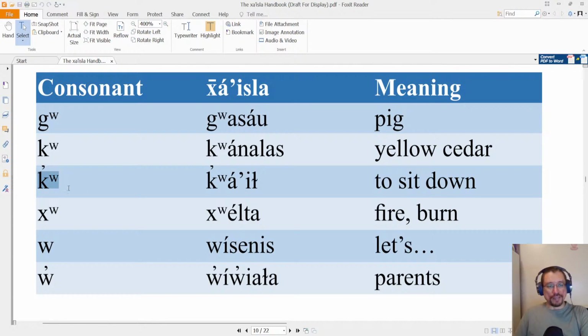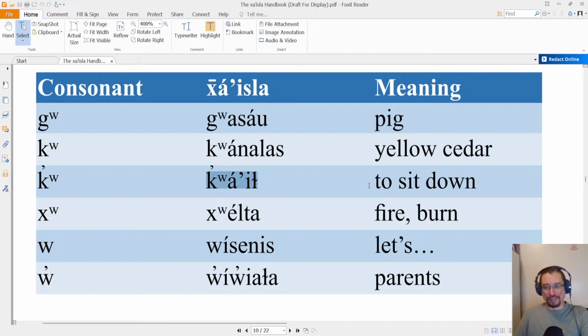Next we have the ejective rounded K, and the word is xa'isla, and that means to sit down. I think it's important to note that this means specifically to sit down inside or indoors. This eith means indoors.